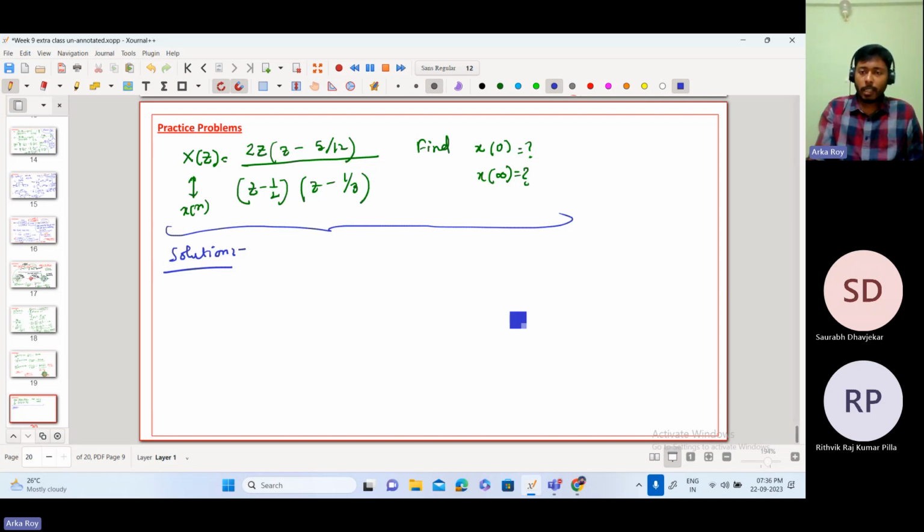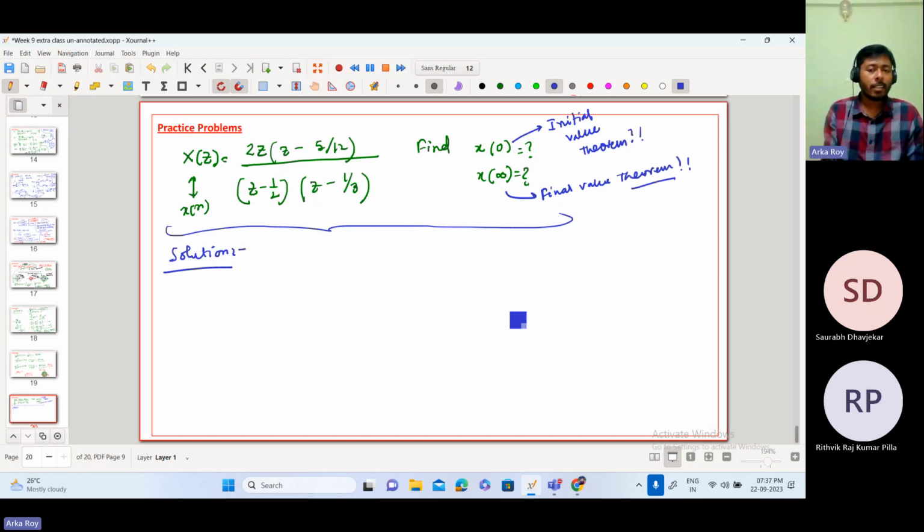These are called initial value theorem and final value theorem. You just need to use these two relations and you are good to go to find the values at 0 and infinite.